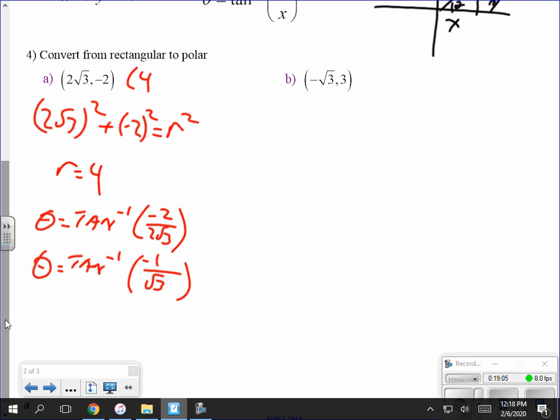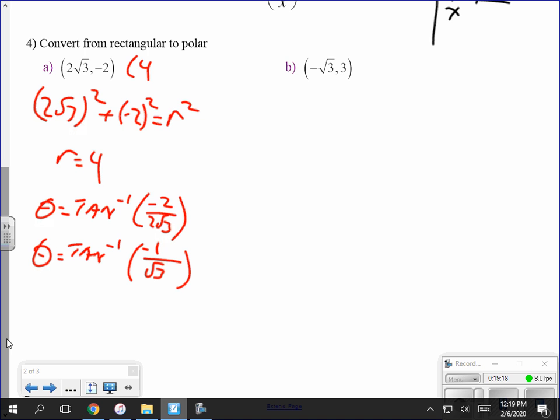And this is okay because what is the tangent? The tangent's the y over the x, right? So if we're going back to our unit circle, we don't have this, but we do have stuff that has root 3 in it, right? You can stop and think about this as the inverse tangent of -1/2 over root 3 over 2.